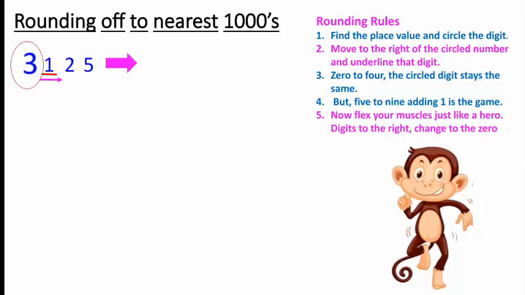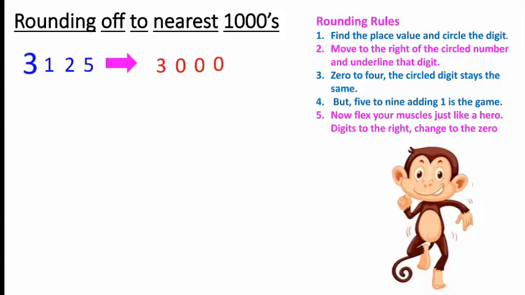So there will be no change in the circle digit. So your rounding off will be such that the circle digit will be written as it is, and the rest of the digits present towards the right side of your circle digit will be written as 0. Clear? So here 1 will become 0, 2 will also become 0, and 5 also will become 0.